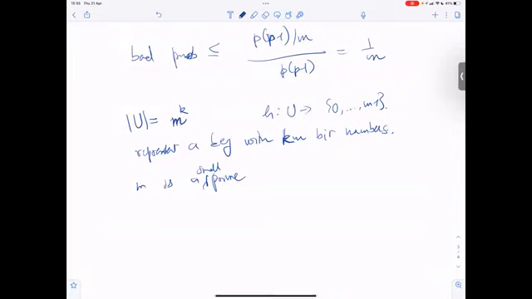So you can write a key with radix M, a number of length k digits.